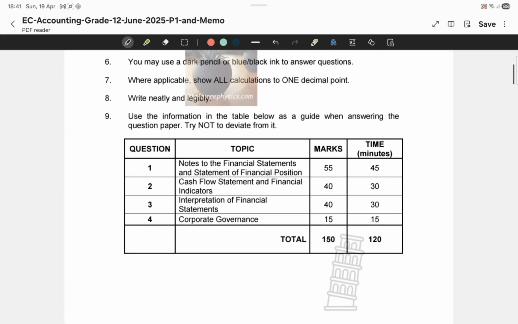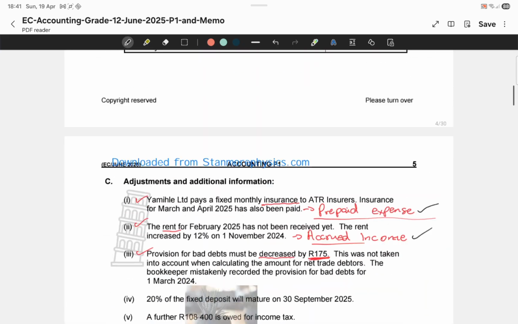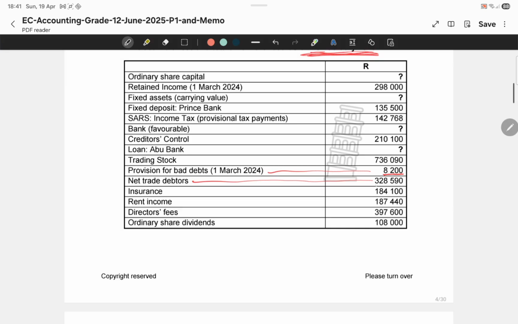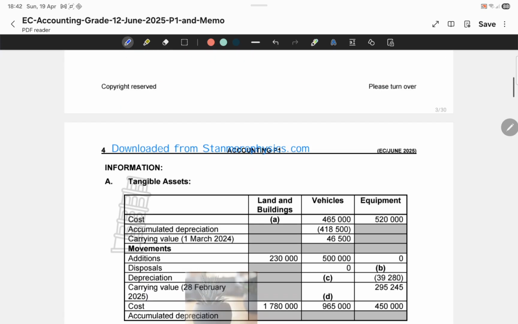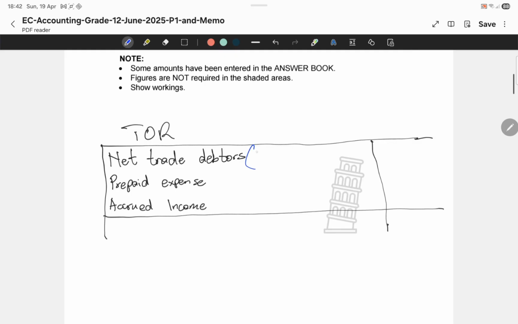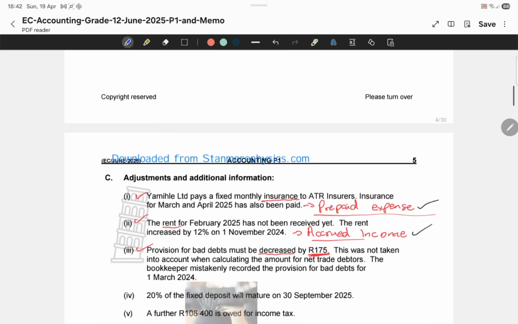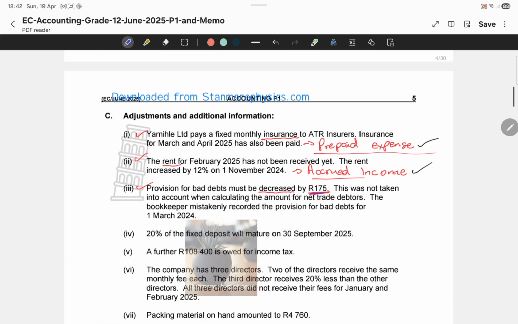We are given an amount from the trial balance, which is 328,590. I have explained that we must add back this 175.